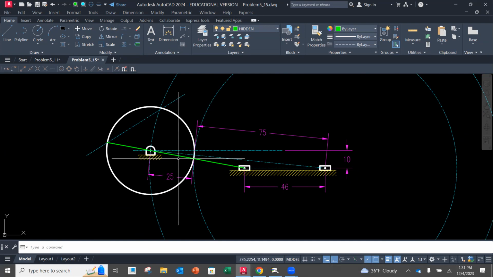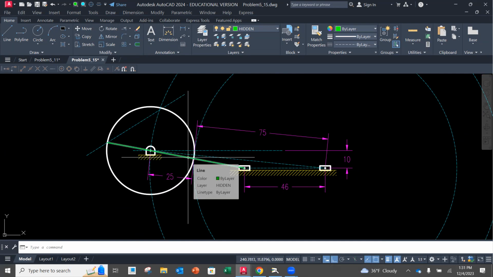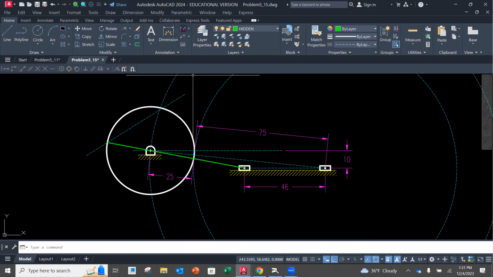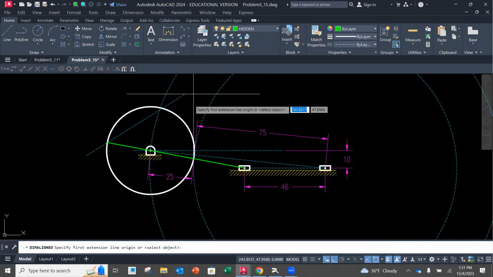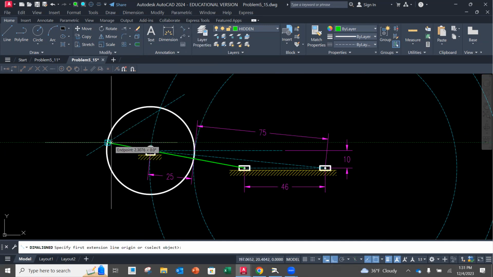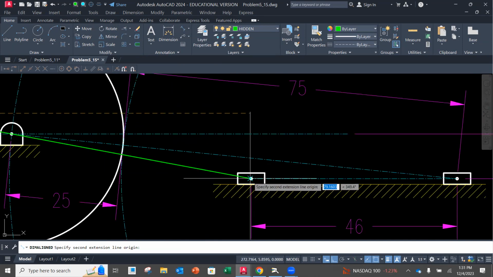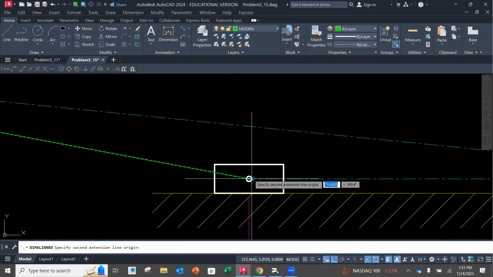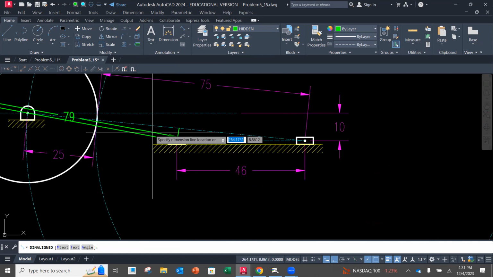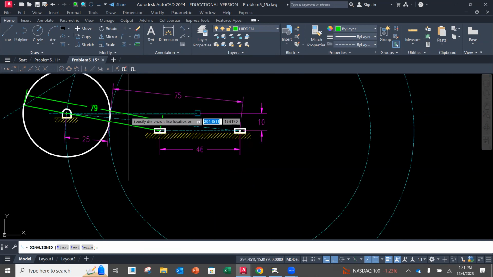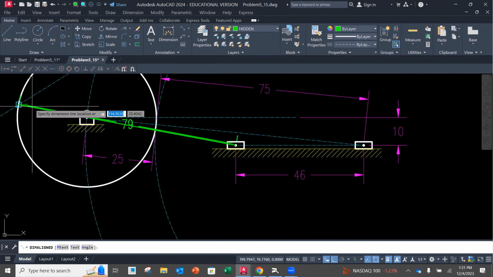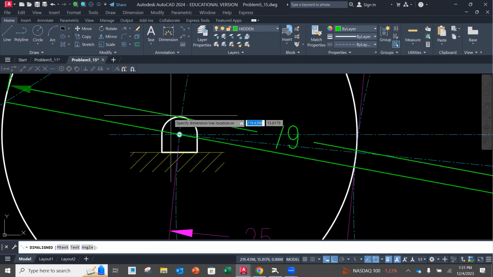And now this length along here, remember, it's not going to be a perfect 180 degrees. It should be 75, it better be. I'm going to be upset if it's not. To my endpoint, right there. There we go. And if I go out, it says 79. I must be a little bit off.